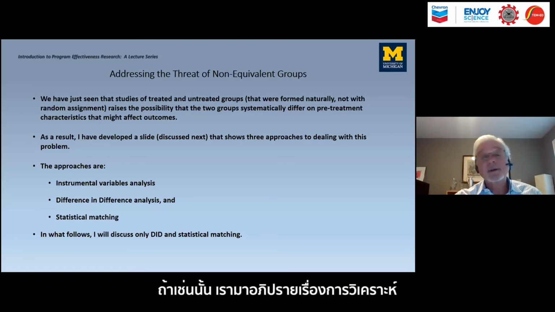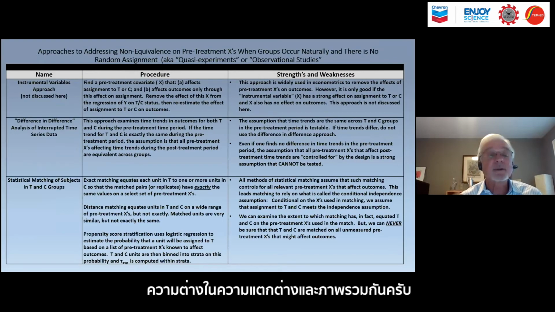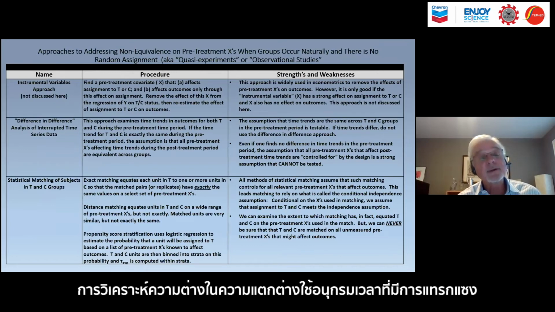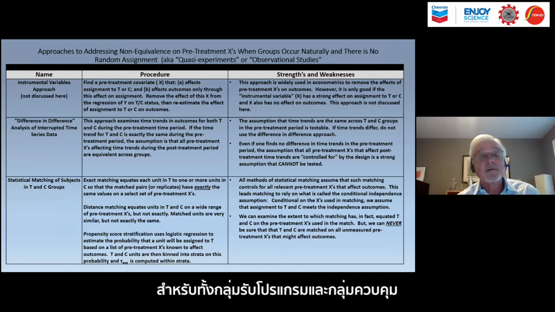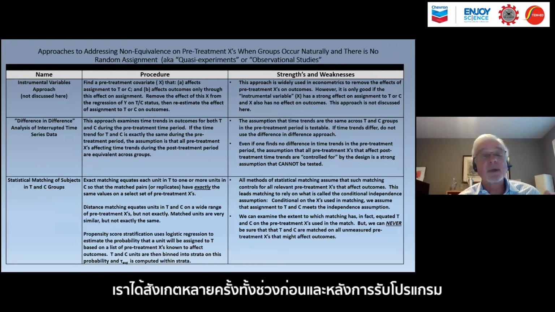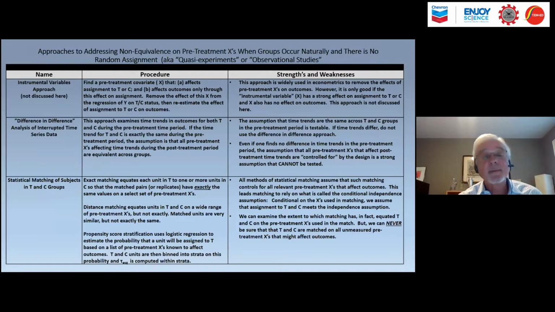So let's discuss the difference-in-difference analysis, an overview. The difference-in-difference approach uses interrupted, or in this case, comparative interrupted time series. For both the treatment and control, we have multiple observations during the pre-treatment time period and the post-treatment time period.